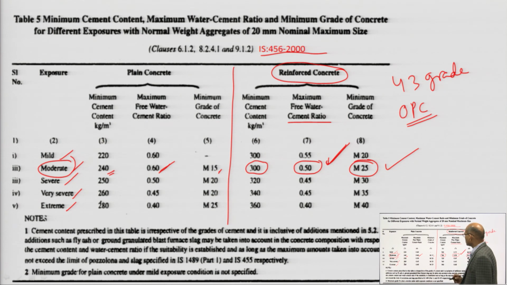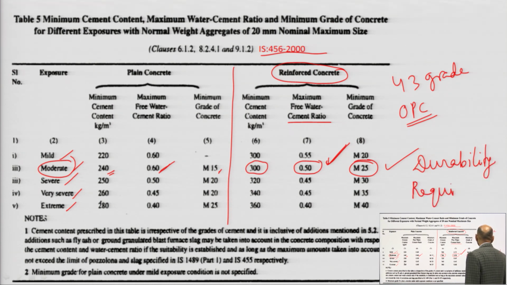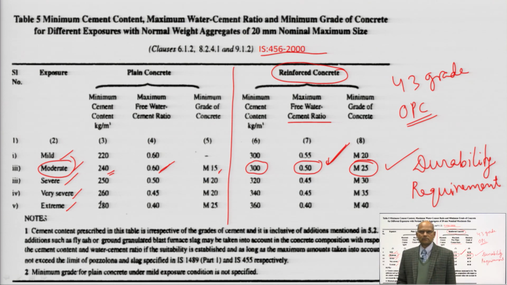So, we have to check one thing from the durability requirement. This table is considering the durability requirement. Okay. So, there are criteria: one is cement, another is strength, and another is durability aspect.